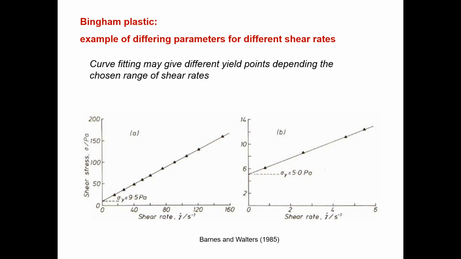So this is where you're going to ask yourself, as an engineer, what is the shear rate range that is actually applicable for the application I have? And that might differ from going through the wellbore, going through the annulus, going through perforations. In all of those cases, you're going to have different shear stresses.